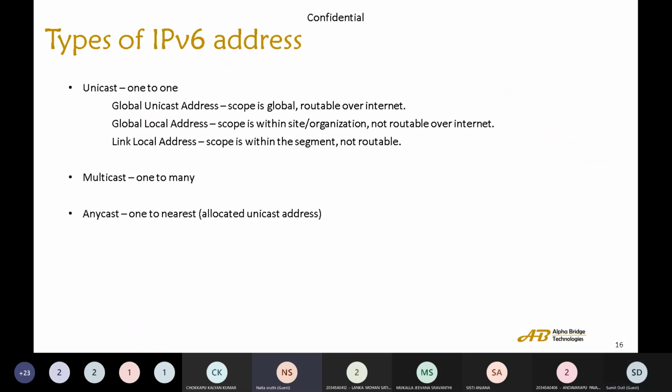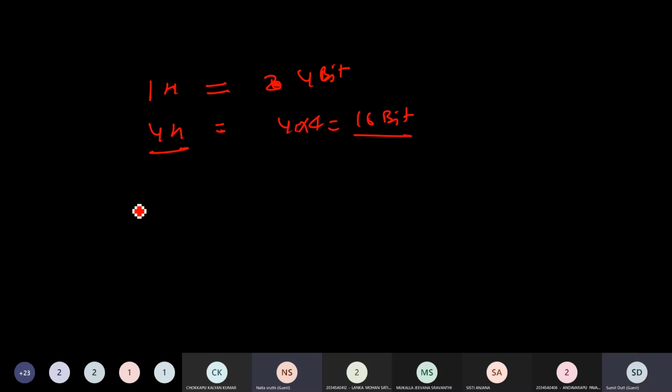Am I clear? Yes. Let me just brief you. One hex is equal to 4 bits, so 4 hex values become 16 bits. How many fields do we have? 8 fields. If one field has 16 bits, it gives me 128 bits.